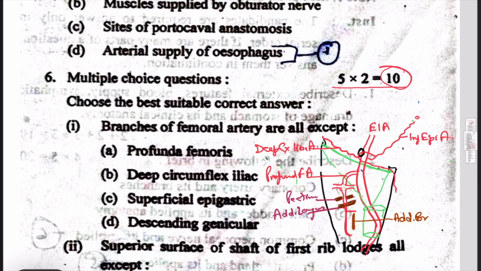So to help you remember the four perforators: the first perforator of the profunda femoris reaches into the medial compartment running above the upper border of adductor brevis. The second perforator will actually perforate adductor brevis.